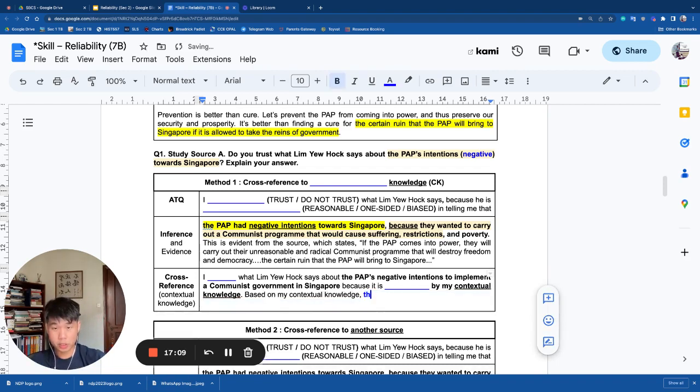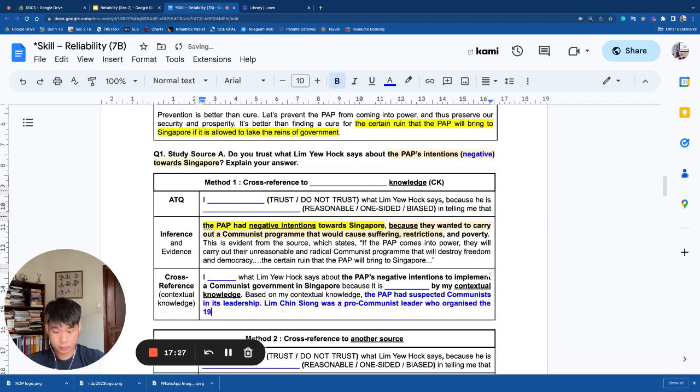Based on my contextual knowledge, the PAP had suspected communists in its leadership. Lim Chin Siong was a pro-communist leader who organized the 1956 student riots and had connections to the Malayan Communist Party. Violent. Okay, suppose I give you this knowledge.